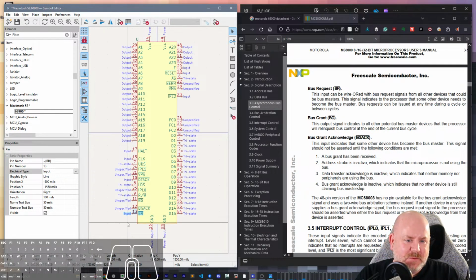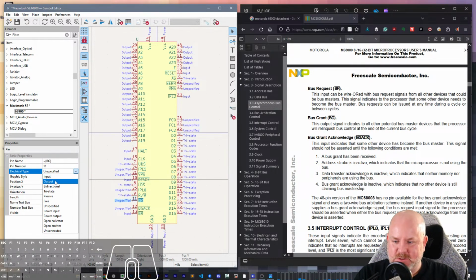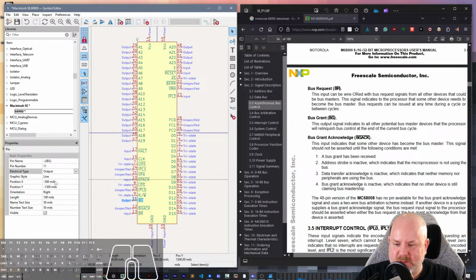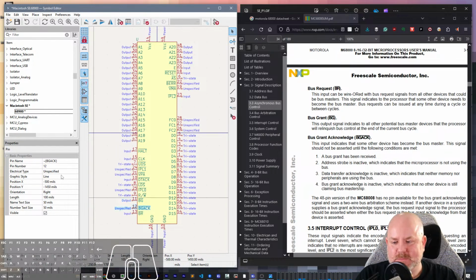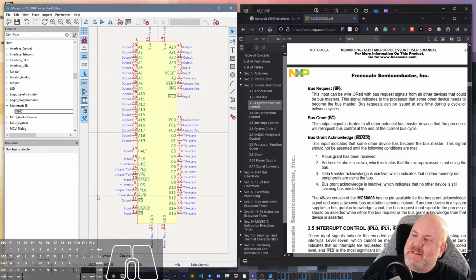Bus grant is an output to let other potential masters know that they're giving up. Okay, and then I'll bet bus grant acknowledge is an input, because once you say you can have the bus, somebody else is going to say I have taken the bus. Yep. Oh, that makes so much sense. I get that.